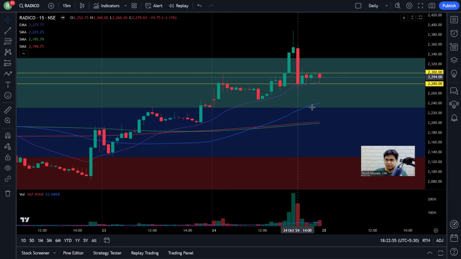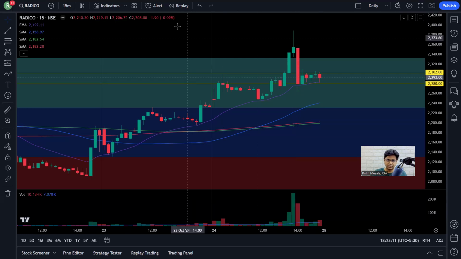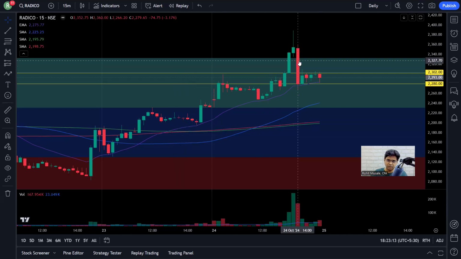And this candle is evidence that there is inherent weakness inside the stock, at least on an intraday basis.